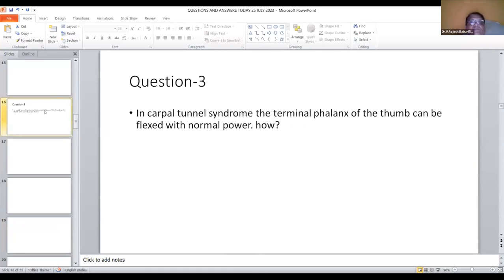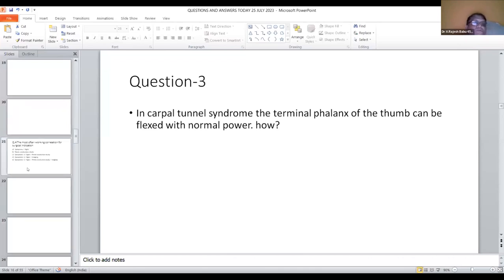Now the third question is, in carpal tunnel syndrome, the proximal phalanx of the thumb can be flexed with normal power. How? The answer is flexor pollicis longus is not paralyzed in CTS. There were no correct answers and no winners.